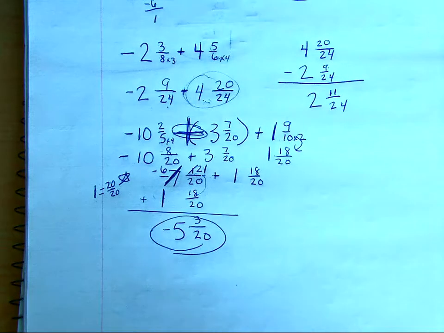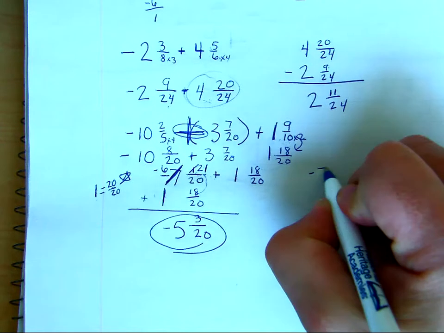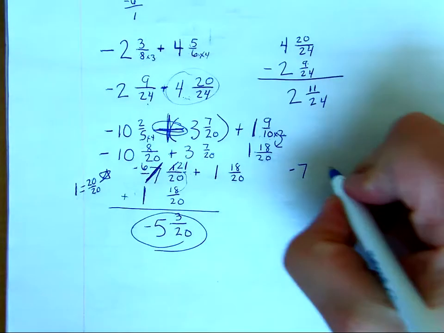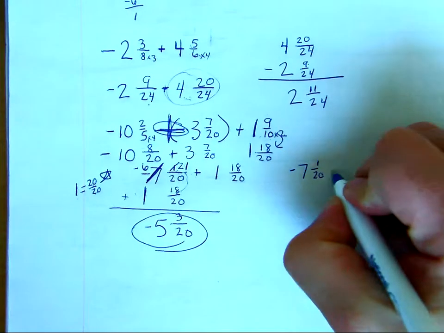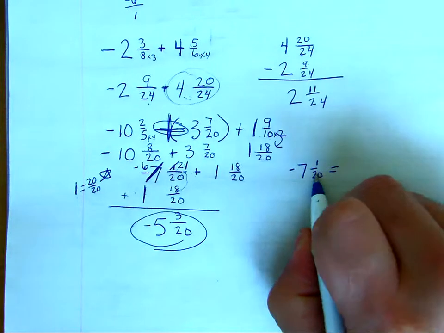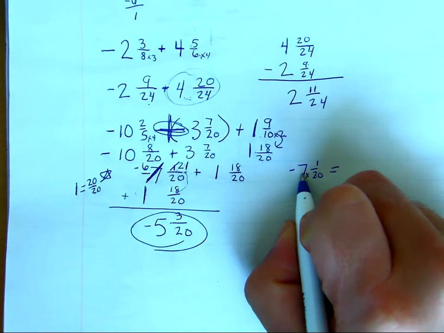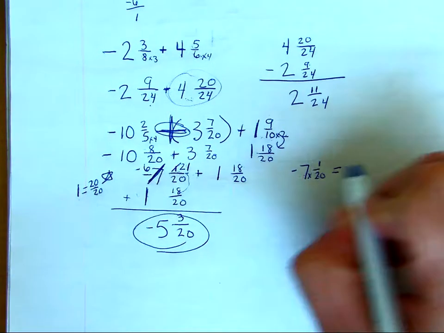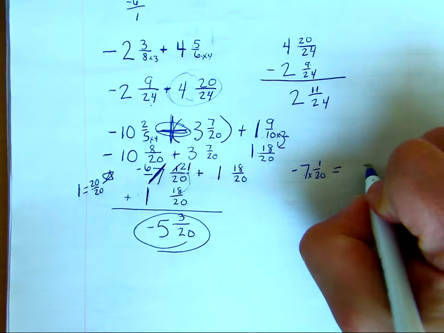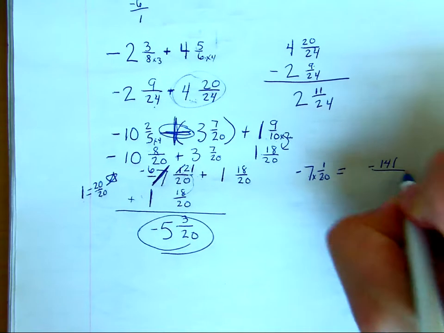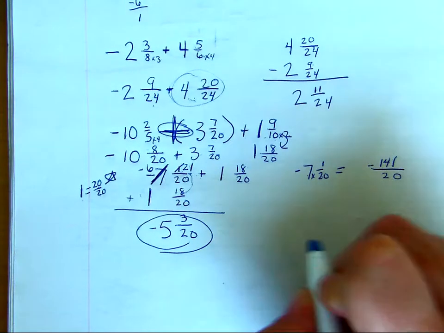If I went the improper fraction route, negative 7 and 1/20, that would equal 20 times 7 is negative 140, plus another one would be negative 141 over 20.